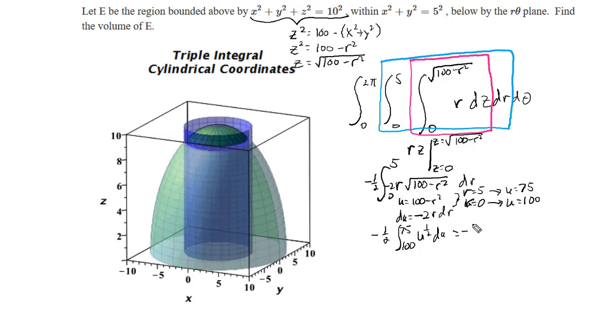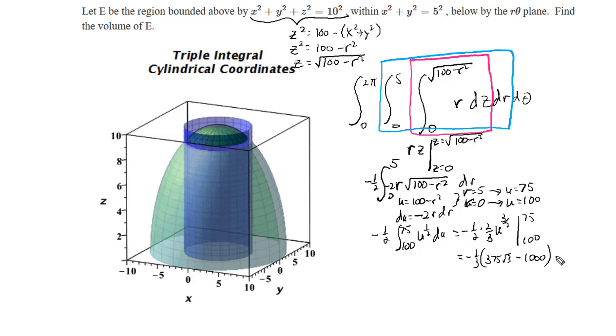And this comes out to be u to the 3/2 divided by 3/2, or 2/3 u to the 3/2. So plugging in the 75, then the 100, and subtracting, we come up with a negative 1/3 times 375 square root of 3 minus 1,000.